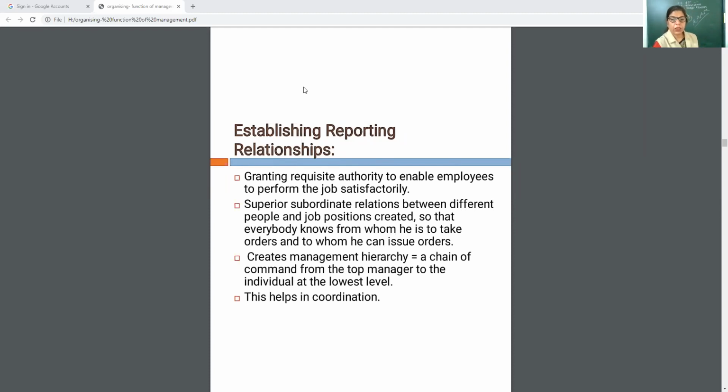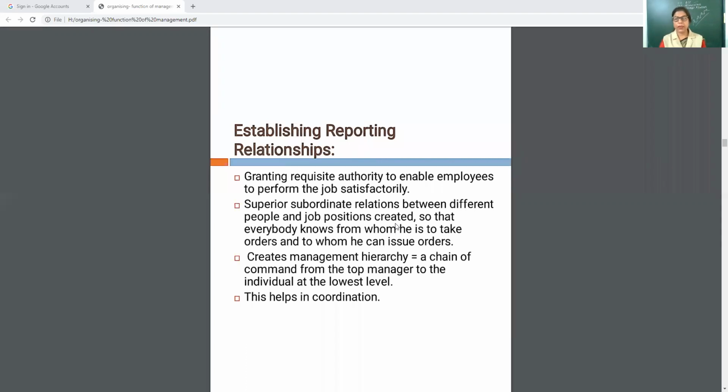See, in this step, granting requisite authority to enable employees to perform the job satisfactorily, superior subordinate relationships between different people and job positions are created so that everybody knows from whom he is to take orders and to whom he can issue orders. It means the position and authority should be clear.